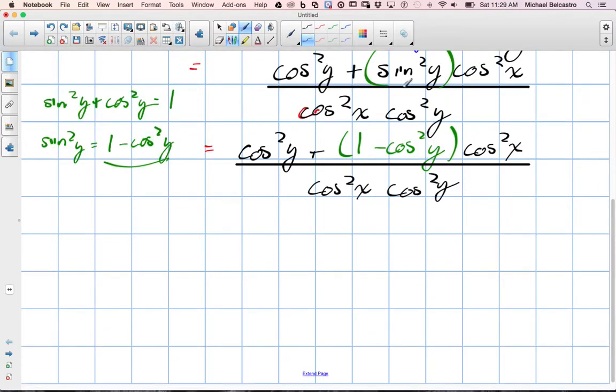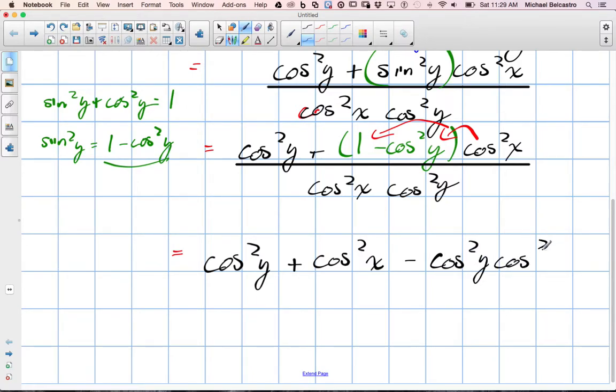Next step is I'm going to distribute the cos squared x to both terms in that bracket. So we're expanding again. We have cos squared y plus cos squared x, and then minus cos squared y times cos squared x. We can't really simplify those.